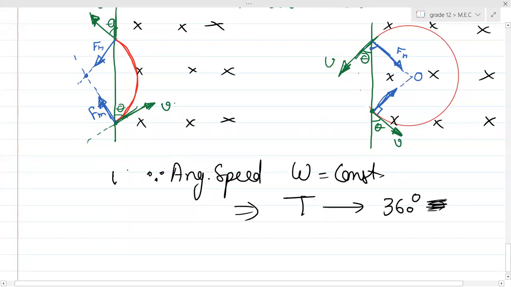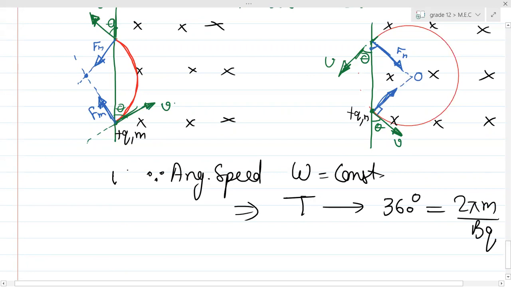Can anyone tell me the time taken to cover 360 degrees, basically complete one revolution? Was it equal to 2 pi m upon vq? Yes or no? So the time taken was basically 2 pi m upon vq for 360 degrees.